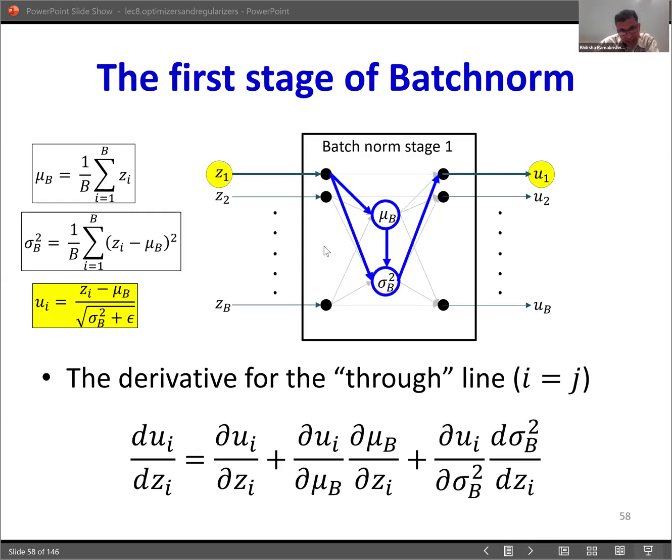And then the third path goes from z to sigma squared, but also from z to mu to sigma squared, and finally from sigma squared to u. So the derivative here is the derivative of u with respect to sigma squared times the derivative of sigma squared with respect to z. This equation making sense?